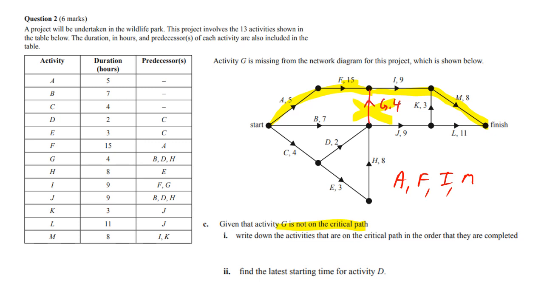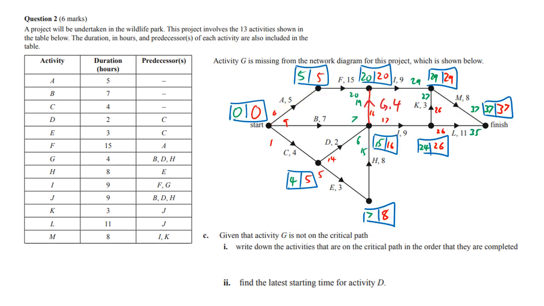And the next part is saying find the latest starting time for activity D. So basically we need to work out what the whole float on that system is. So I put the bullet and did the whole critical path analysis, forward and backward scanning, and you can easily see that it backs up that we have a path through here.